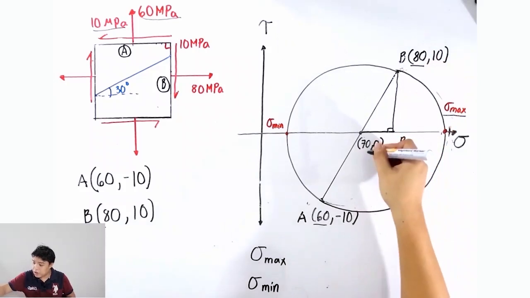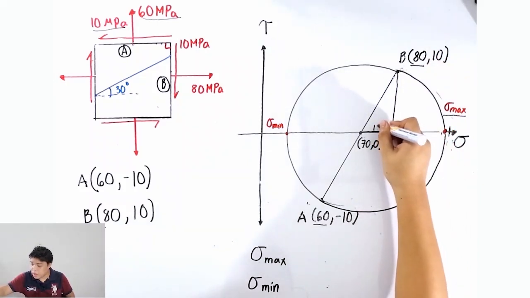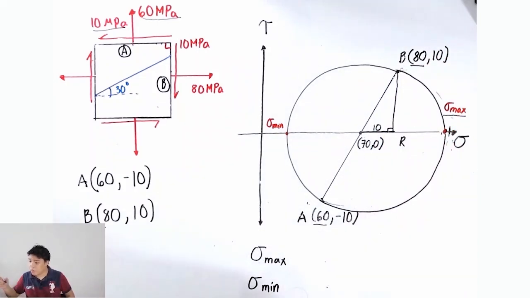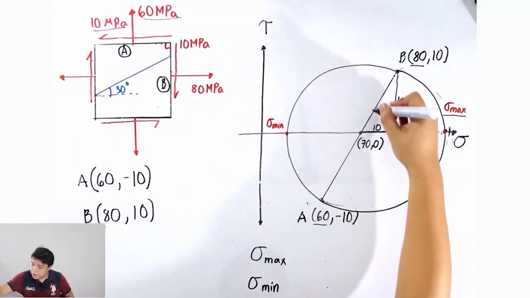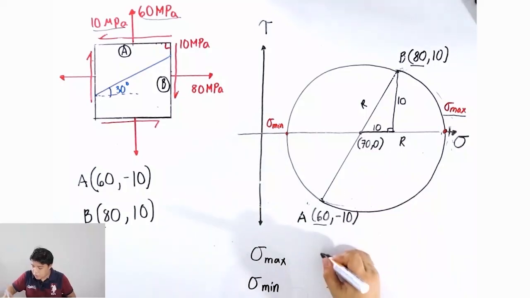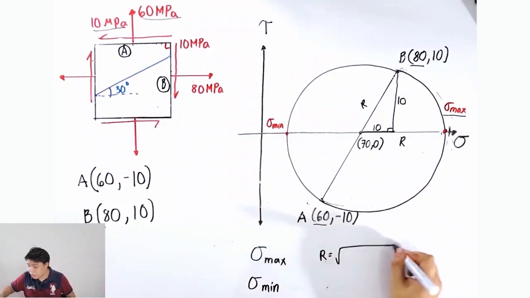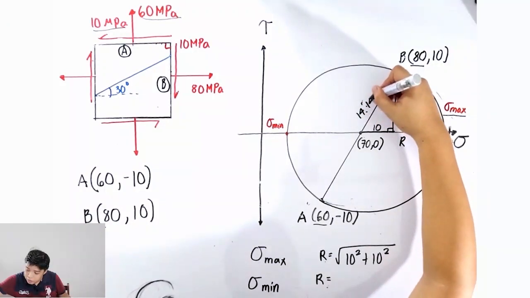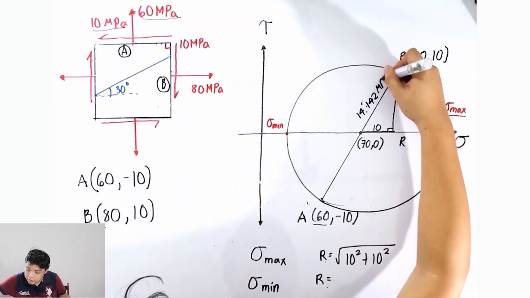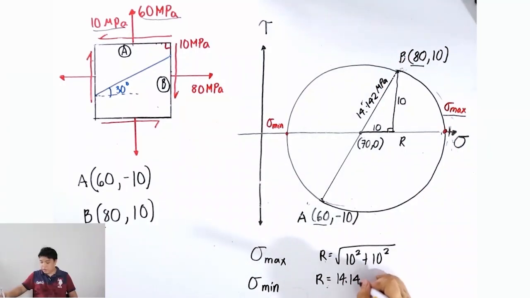This is 80 and this is 70, so this is 10 megapascal, and this one is also 10. By the Pythagorean theorem, we can get the value of R. R is equal to the square root of 10 squared plus 10 squared, which is equal to 14.142 megapascal.